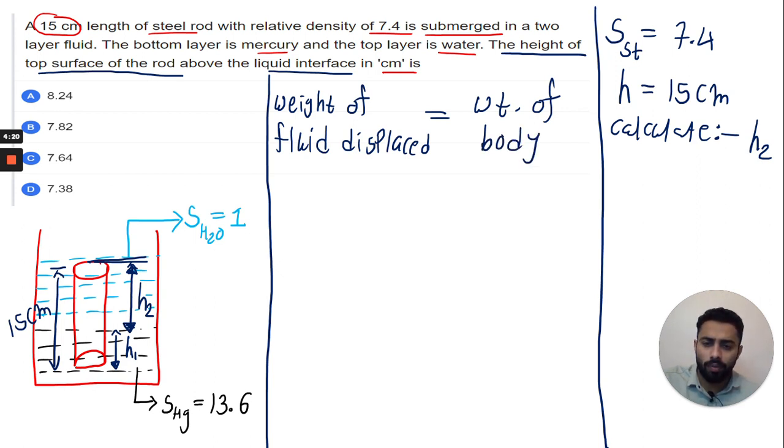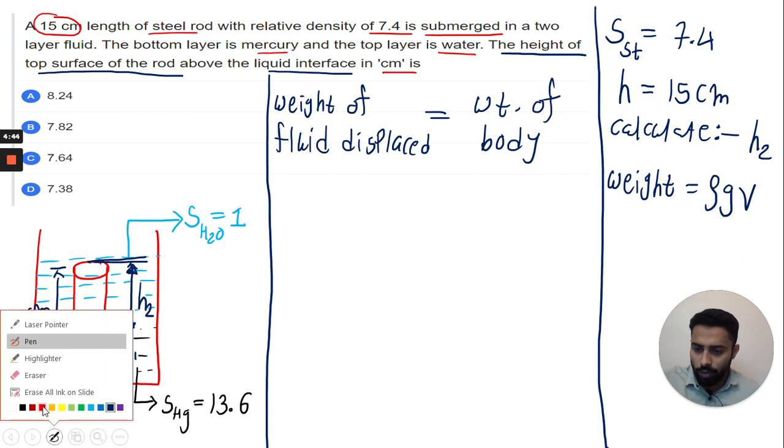Whatever will be the weight of the cylinder is equal to the weight of the fluid displaced. Now how to calculate the weight? We calculate weight from this formula rho g V. Do remember how to calculate the weight? Density multiplied by gravity multiplied by volume. So this is the formula to calculate the weight.